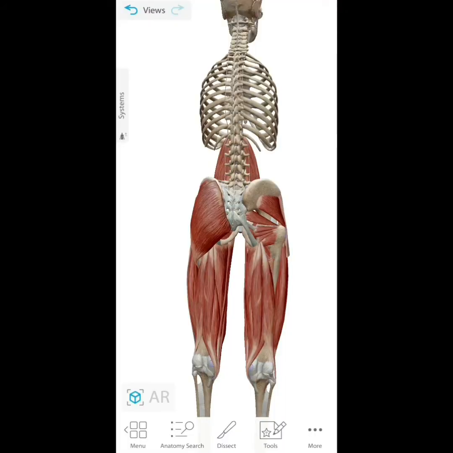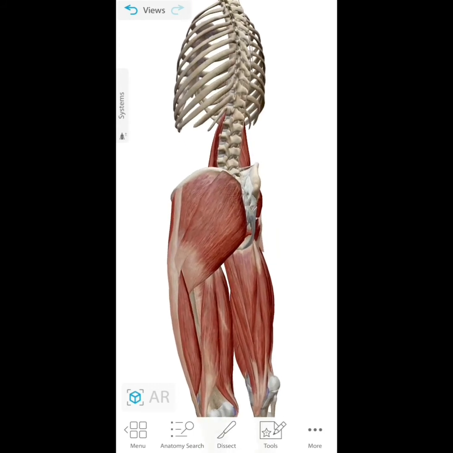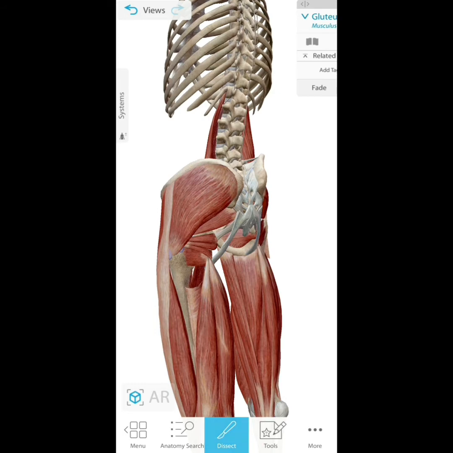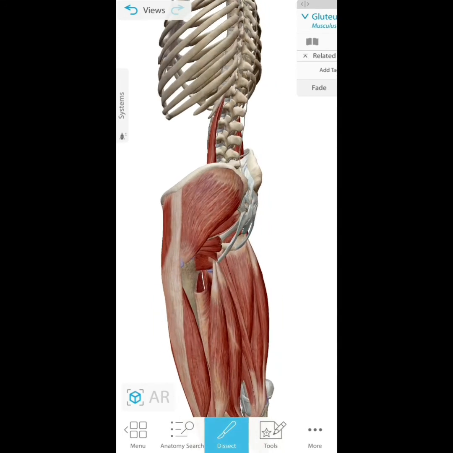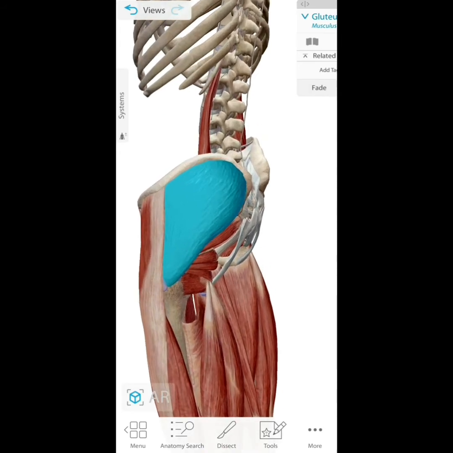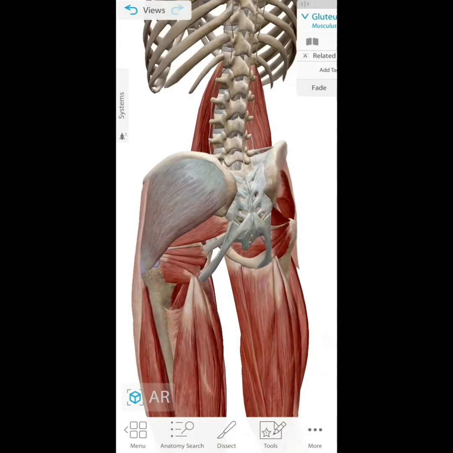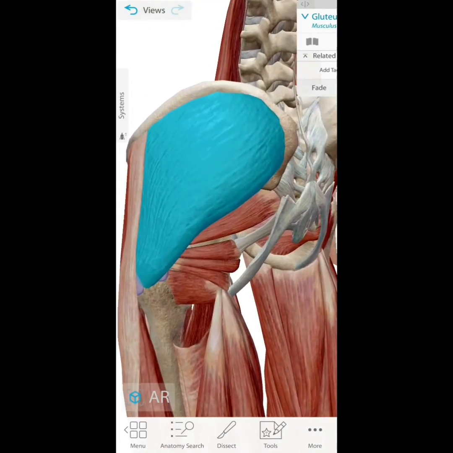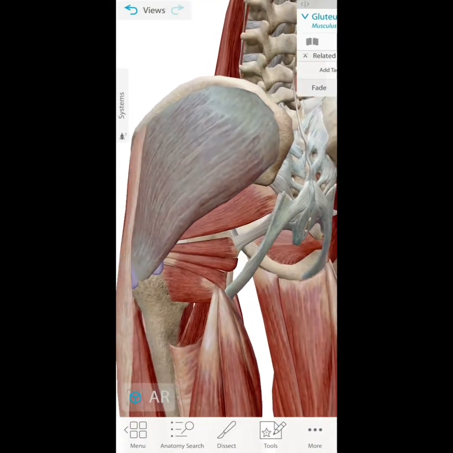Okay, so moving on to gluteus medius, we can start by just stripping away gluteus maximus, which overlies it slightly, and as you can see, gluteus medius just sits inside that pelvic rim there rather nicely and inserts just at the top of that greater trochanter of the femur.